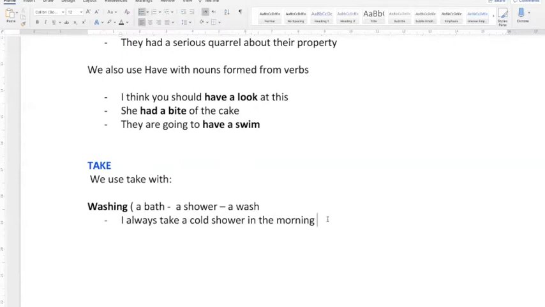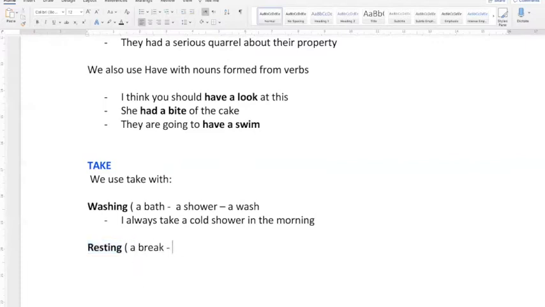You can also use the word take if you're talking about resting, just like the word have. So, for example, we can say a break.